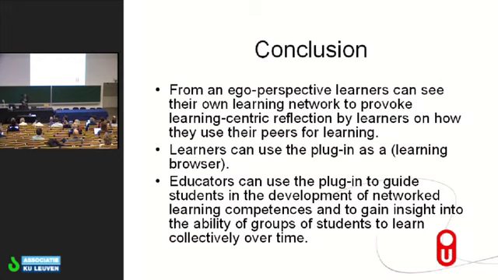But from our experience with the teachers, we think that from the ego perspective, the learner can really see their own learning network, and so they start thinking about how am I working socially in this environment, how am I using my peers to get to the resources that I need, because more and more research in the educational sector is saying that it's really important for students that they develop the skills, that they know how to approach resources, and also that they know how to make networks to get tasks done.